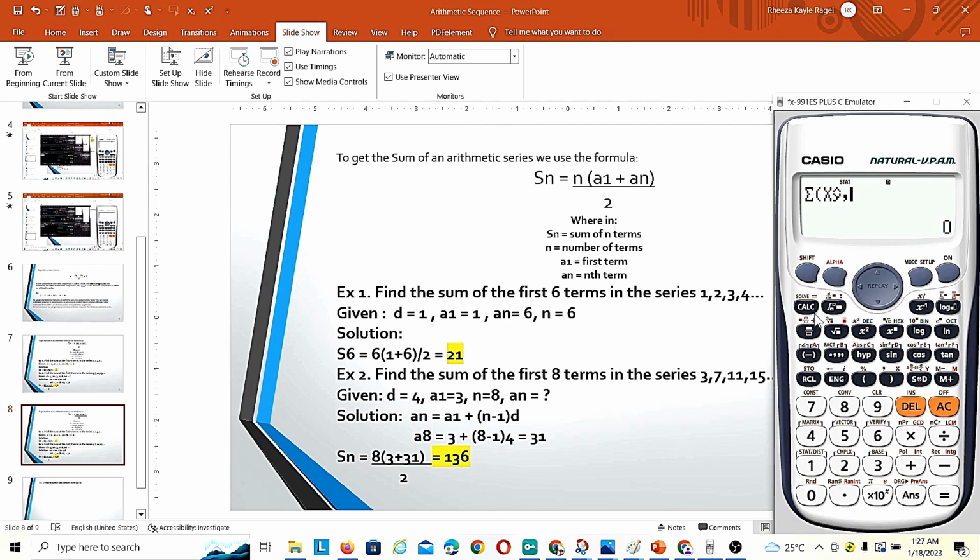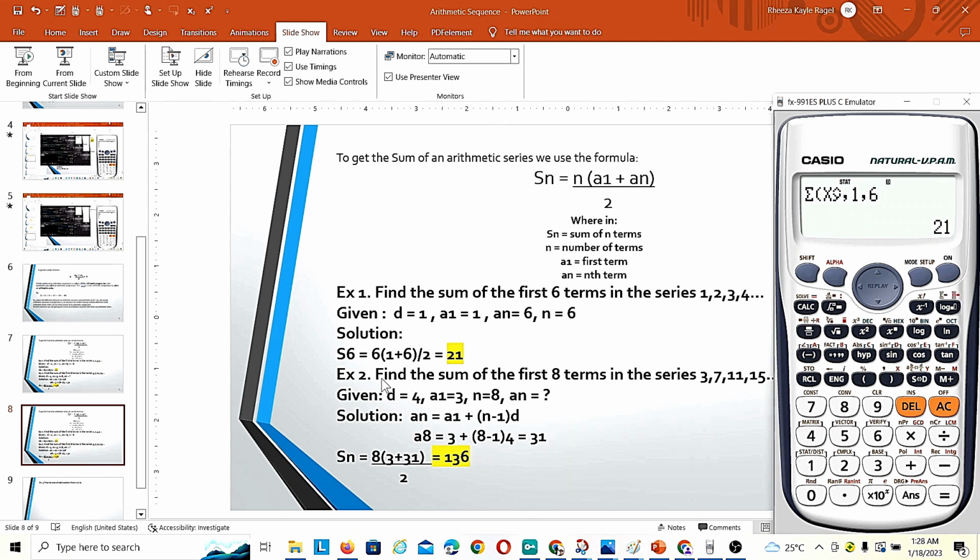So it will be from 1 to 6. From term number 1, comma, to 6. There you have it. And then press equals, that will be 21. So this 21 here is equal to 21. So we are having the same, be it calculator technique or be it the long method.